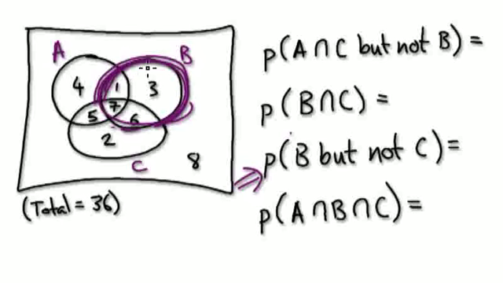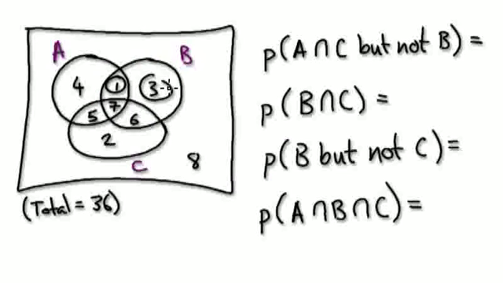So here, anything inside this circle here is going to be B. But the thing is, you don't want C, so you've got to get rid of this bit here. So what's left would be this bit and this. So that would be 4. So it would be 4 over 36. Okay, probability of B but not C.